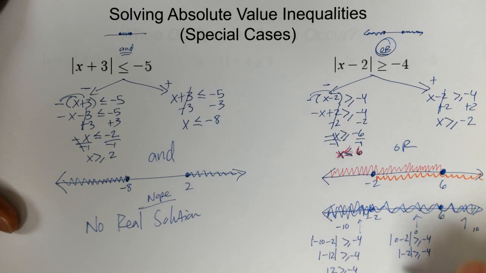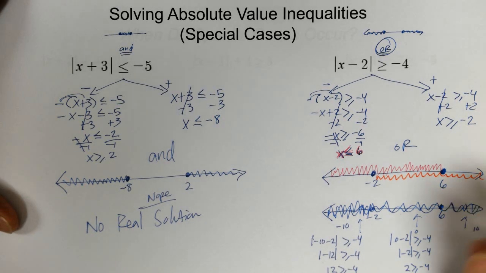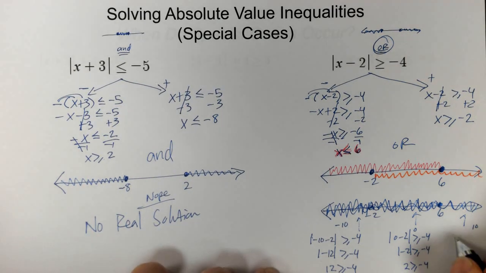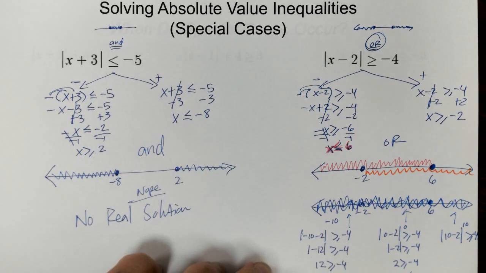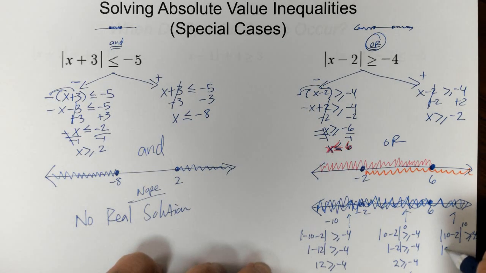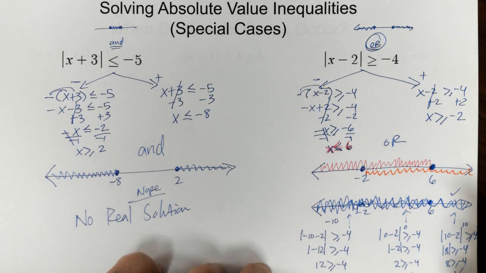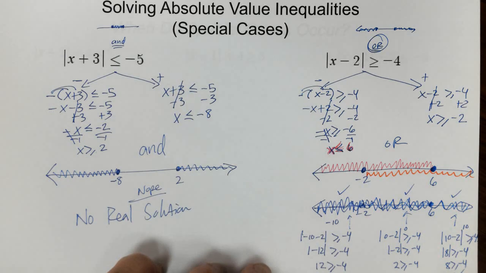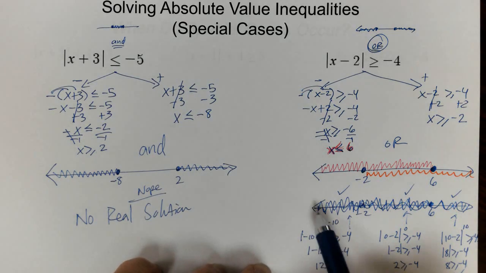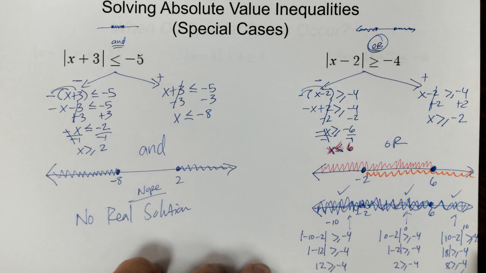But that negative 2 turns to positive 2. Is that still bigger than negative 4? Yeah. That's part of my solution set. If I plug in 10, 10 minus 2 is 8. Is 8 greater than or equal to negative 4? Yes. On all 3 cases, they all work. And if we shade the entire number line, what is my solution?